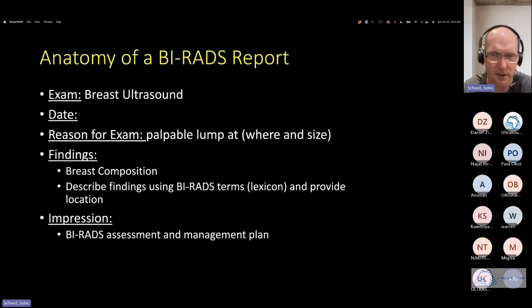It's important that, particularly in countries where BI-RADS is considered standard of care, like Uganda and the US, you use this standard template for reports, because that helps the surgeons and the oncologists and the primary care doctors know where to look for the part that they're interested in.